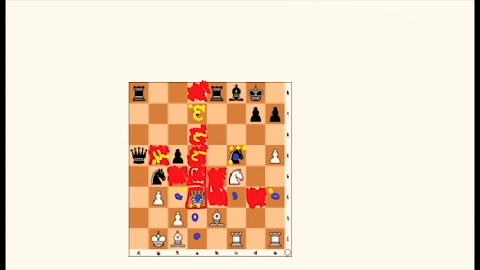Actually, I would normally weight these based off of how many things you could take. Basically, how much more dangerous does our queen become? So this would get a 3. This would get a 2.